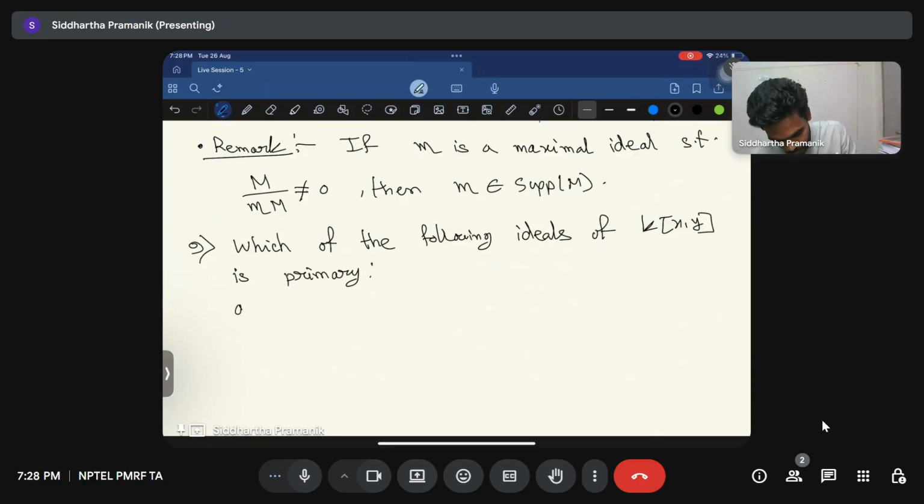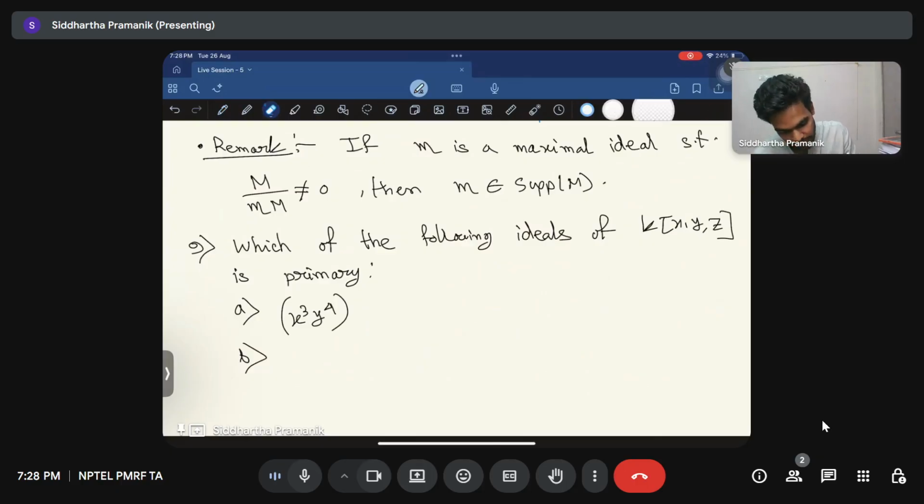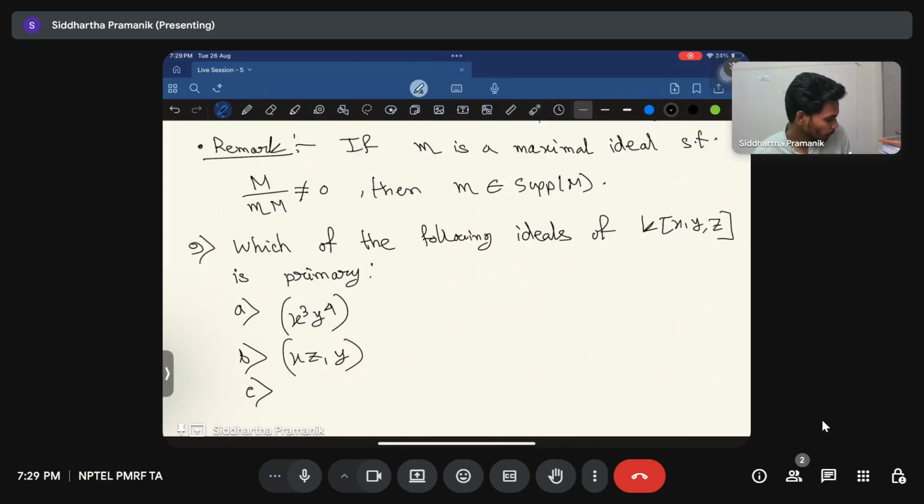The first one is the ideal generated by x cube y power 4. Second one is the ideal generated by xz, y, and the third one is the ideal generated by x minus 2, y minus 4, (z plus 5) squared.